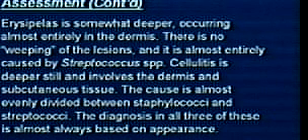However, how you can tell this is that there's really no weeping lesion, and it's usually caused by strep. Cellulitis is deeper still and involves the dermis and the subcutaneous tissue. The cause is almost evenly divided between the staph and the strep. And the diagnosis in all three of these is almost always based on appearance.